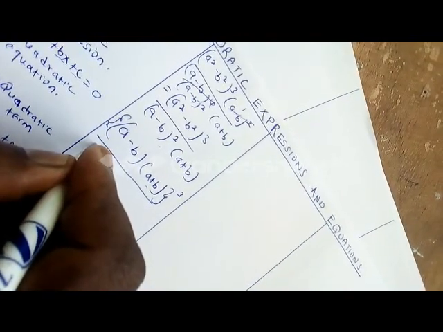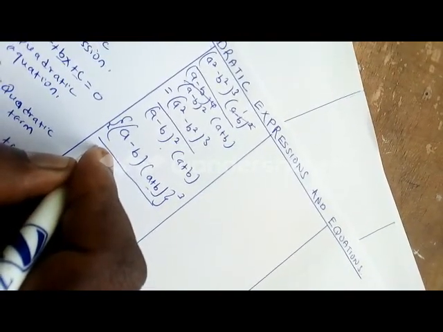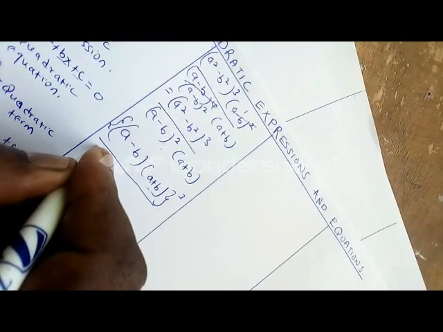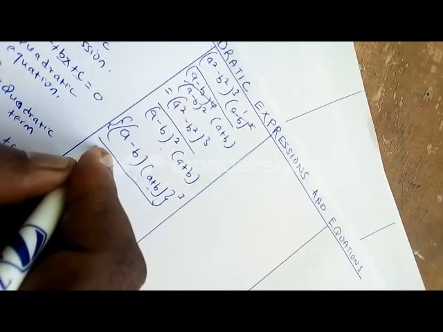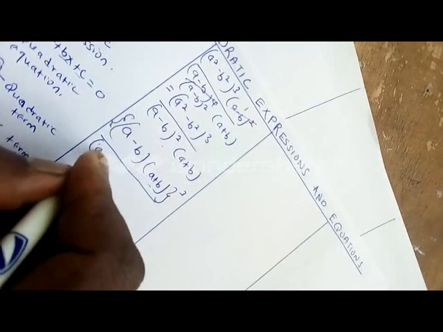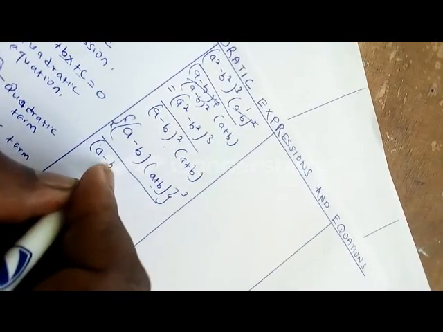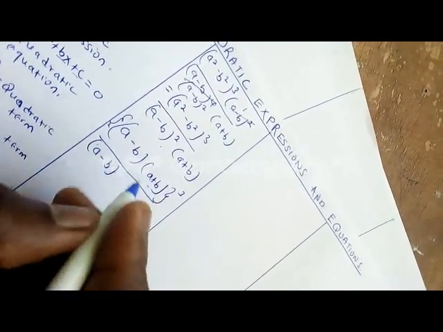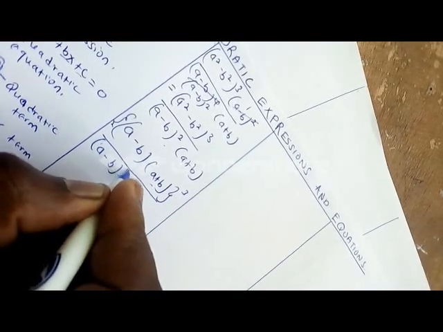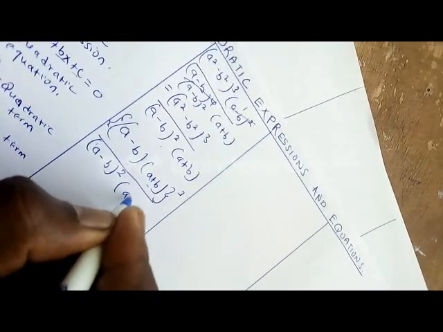So if you have any question, you can put it on the comment section, and I'll come back and answer your question. So you have a minus on the denominator, (a minus b) squared, (a plus b).